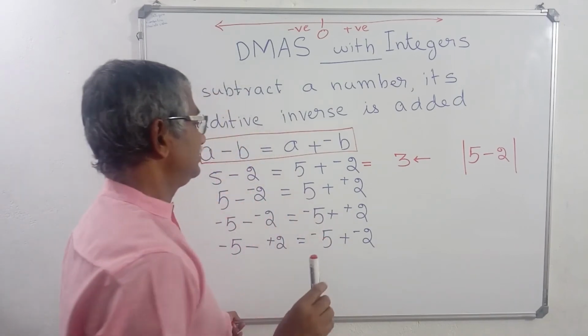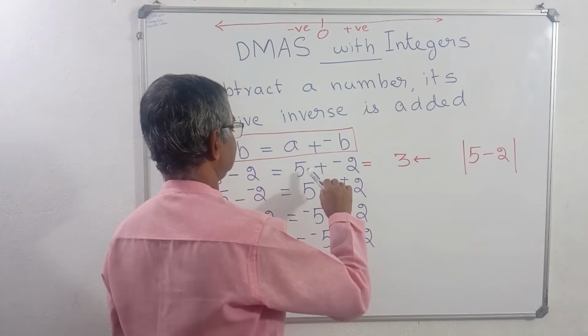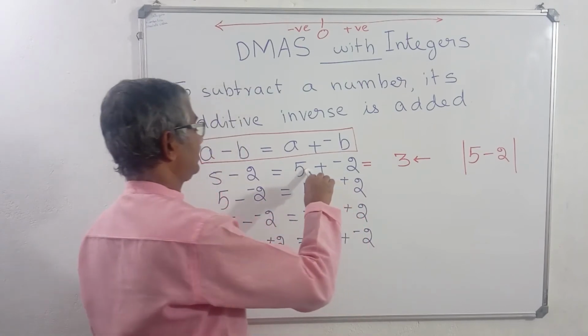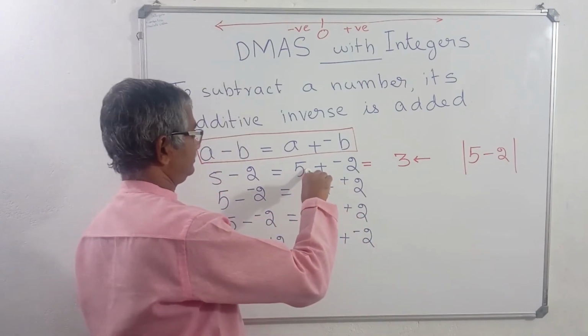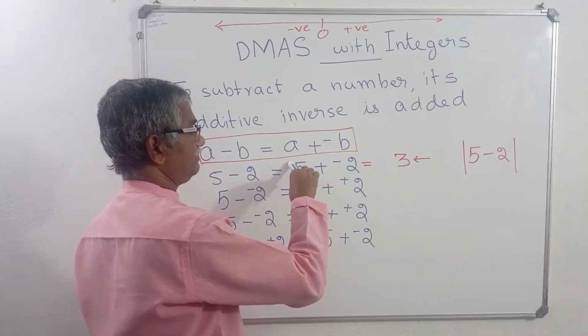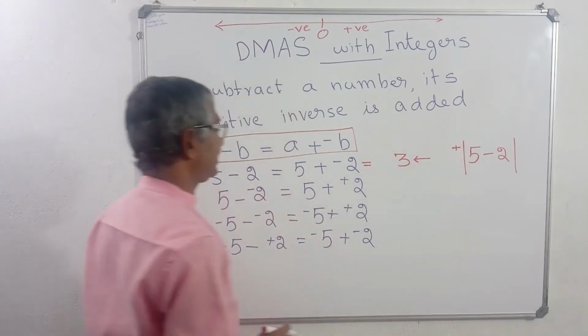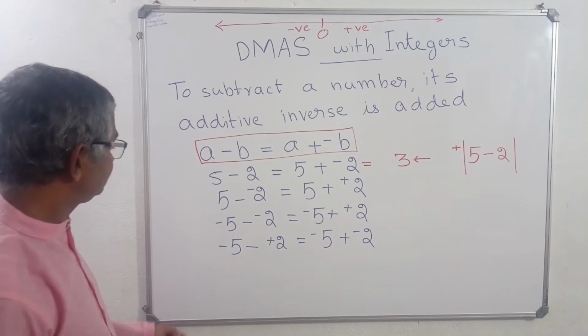Then consider the number with the larger absolute value. Here 5 is the larger number. So consider its sign, which is that of 5, meaning positive. Thus we are getting 3.